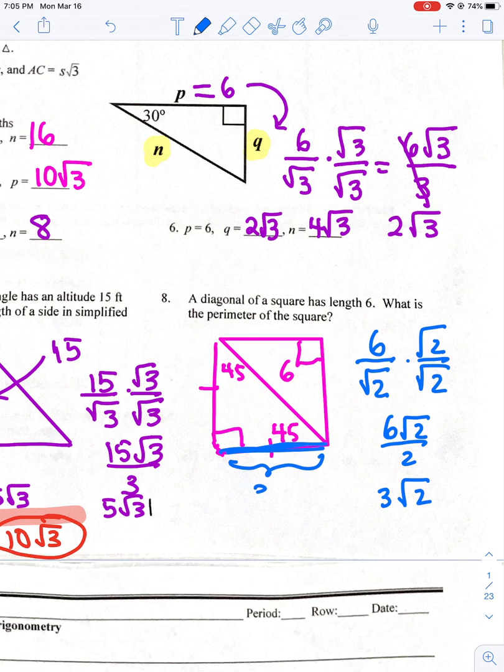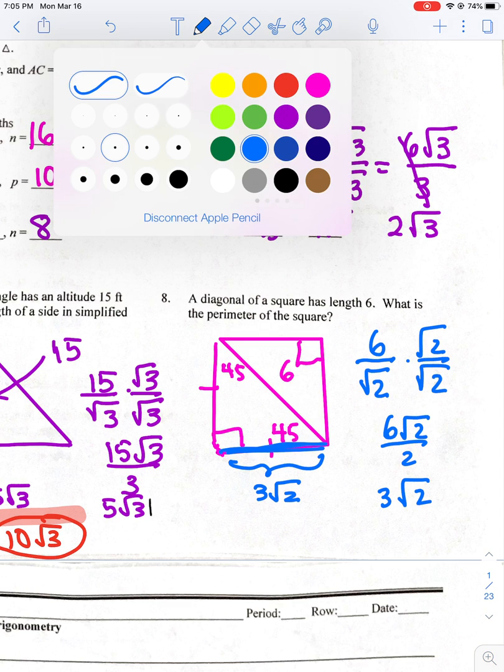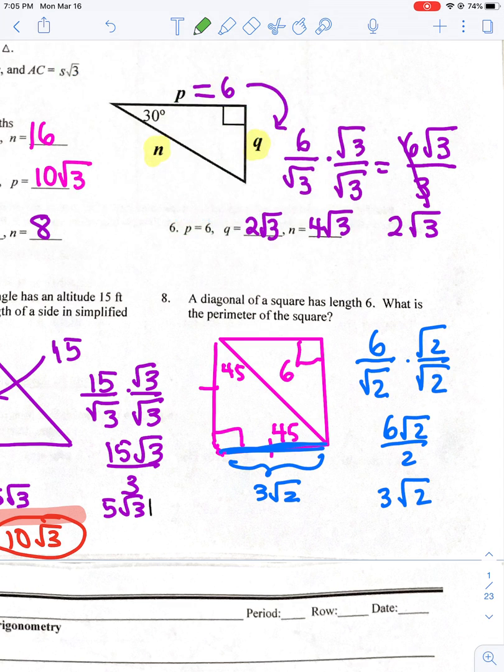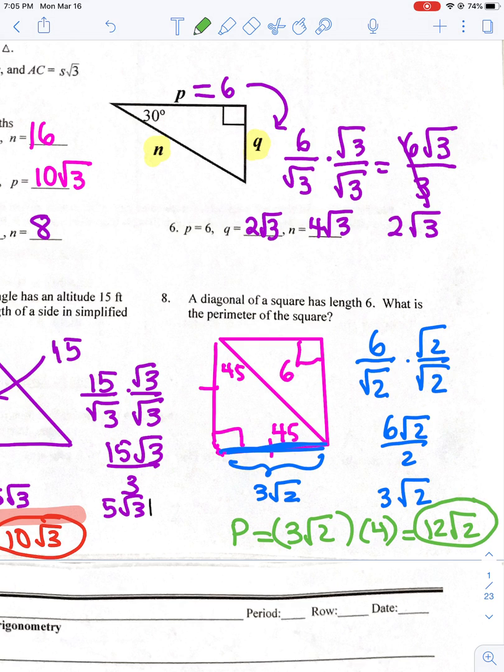So the length of one of the sides is 3 radical 2. If I'm asked for the perimeter, it would therefore be equal to one of the side lengths times 4, since it's a square. And that would get me 12 radical 2. And so that completes the lesson for 30, 60, 90 and 45, 45, 90.